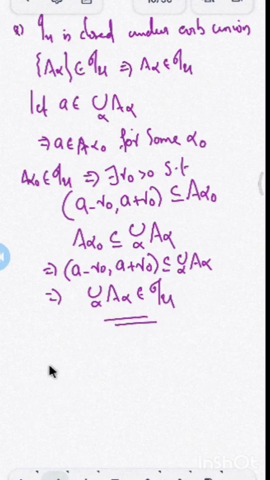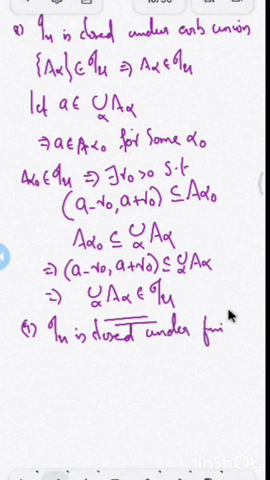It's true. For the last property of the topology, tau u is closed under finite intersection. So, tau u closed under finite intersection means when you consider some finite number of elements from tau u, their intersection also belongs to tau u.